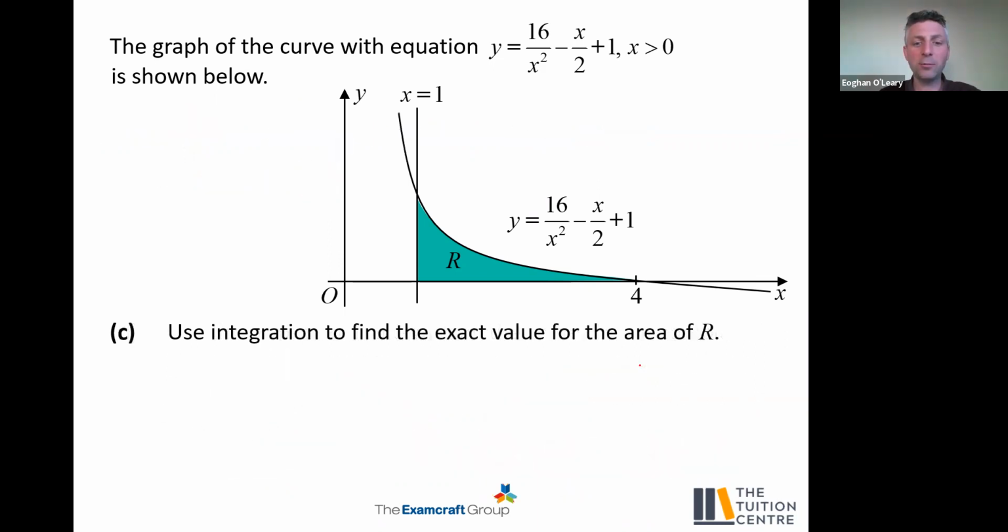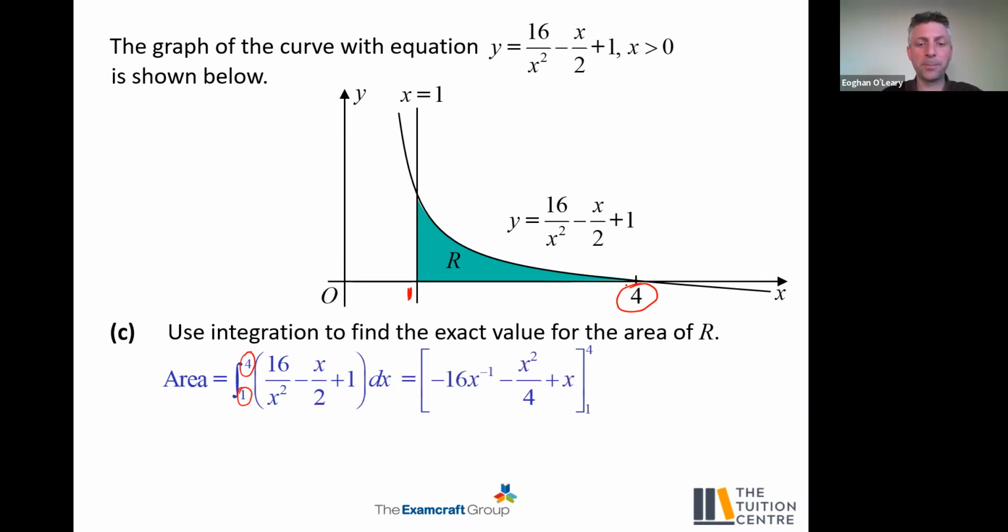We then use integration to find the exact value for the area of R. So we're going to integrate. It's a definite integral question. Our limits are going to be 4 and 1, 4 being my upper value of x, 1 being my lower value. We have to integrate 16 over x squared minus x over 2 plus 1 with respect to x.